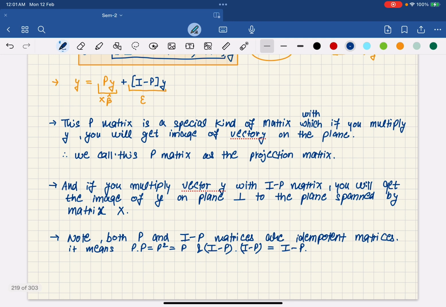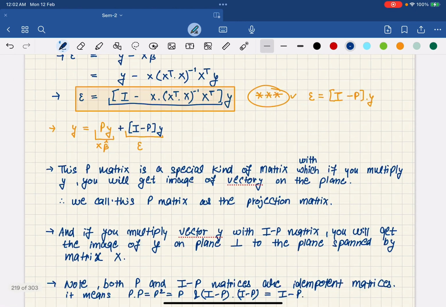Okay, this is where idempotent matrices come into the picture in the linear regression model. And idempotent matrices also have many applications when we do hypothesis testing, that is statistical inferences about our parameters. In those cases, idempotent matrices also come into the picture.